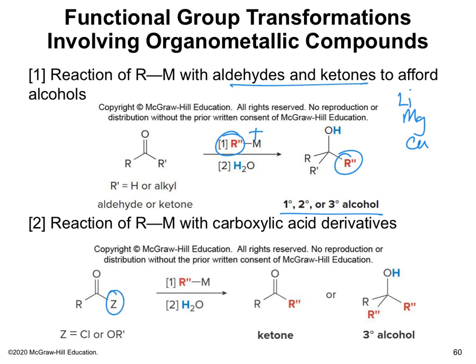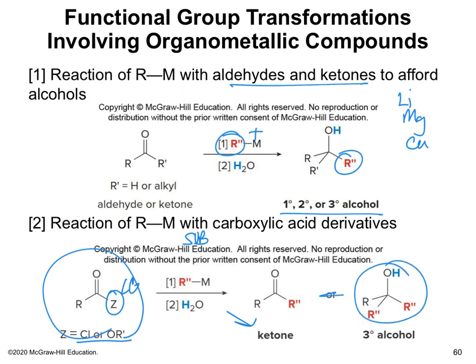If you have a leaving group for nucleophilic acyl substitution, like in acid chlorides and esters, it's going to add twice because you're going to get a ketone. Ketones are going to be more reactive than the ester, and you're going to get a tertiary alcohol. So the only way you're going to get to stop at a ketone or an aldehyde is if you use a cuprate.